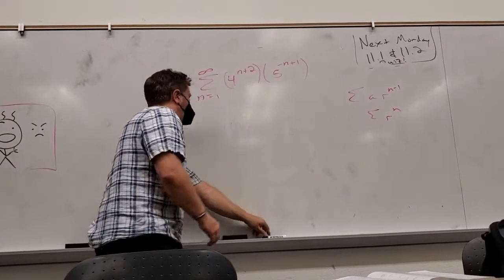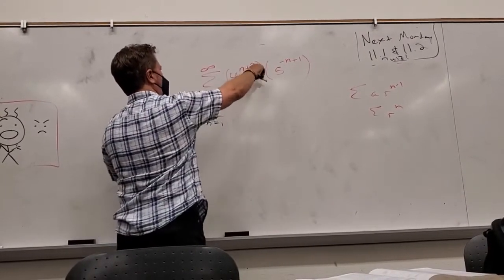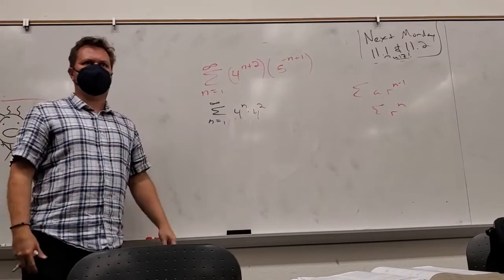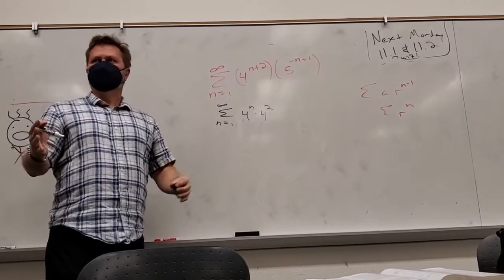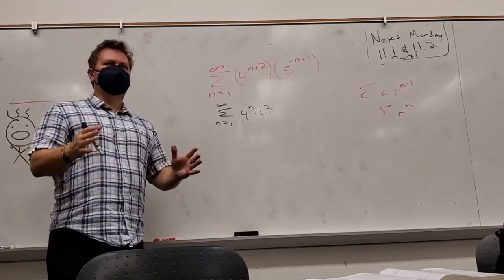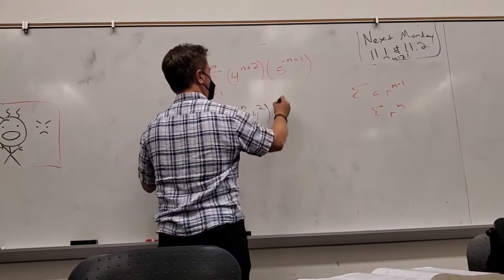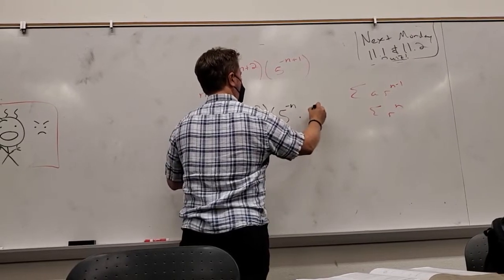So this is something that we really, really easily forget we can do. 4 to the n plus 2 means 4 to the n times 4 squared. Yes? Because I add powers when I multiply. But that is so easily forgotten or not understood in the first place, right? What can I do with this guy? 5 to the negative n times 5.